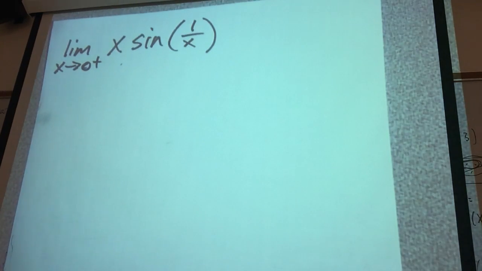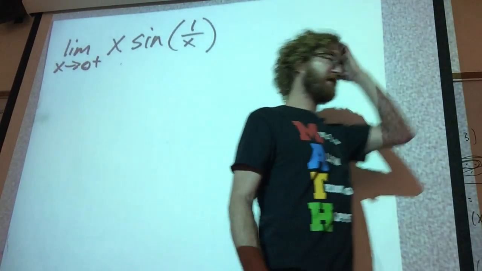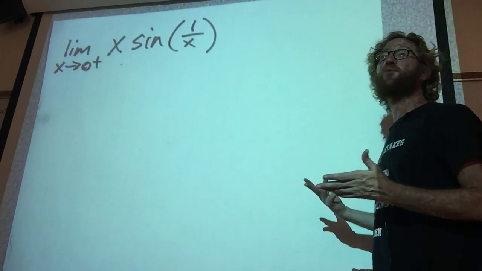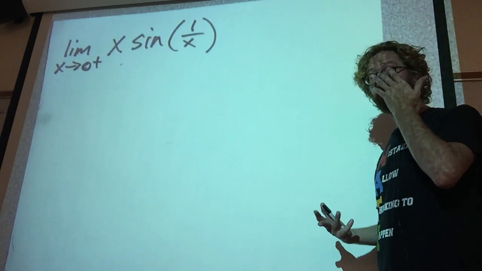Okay. Now on this problem right here, sine of 1 divided by x is oscillating just back and forth between -1 and 1 repeatedly. Okay.